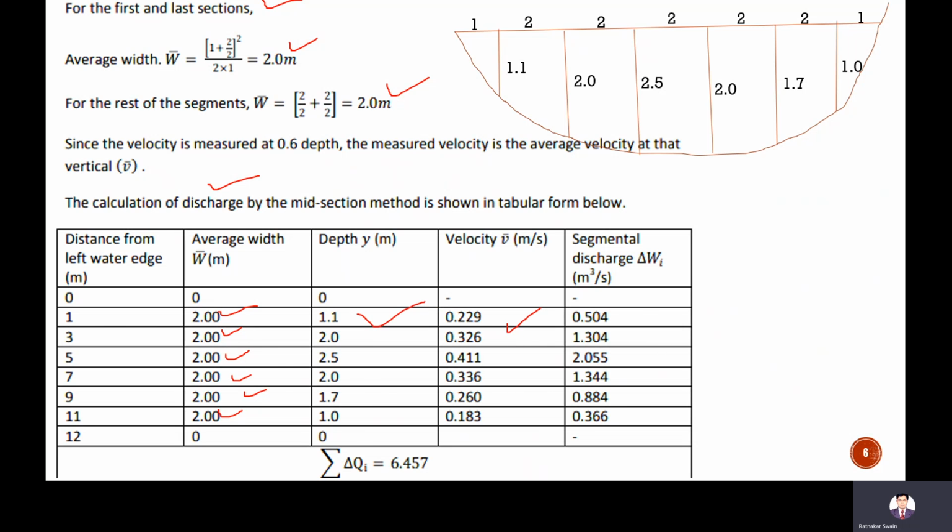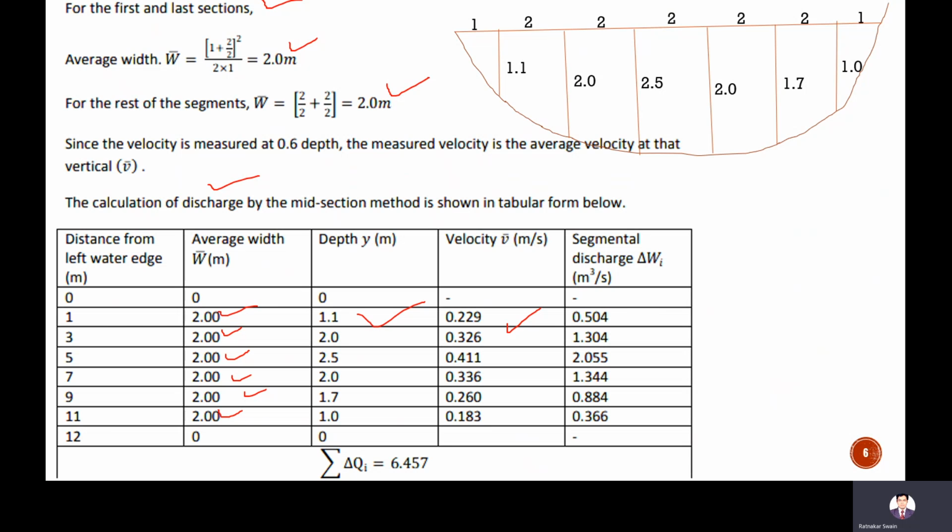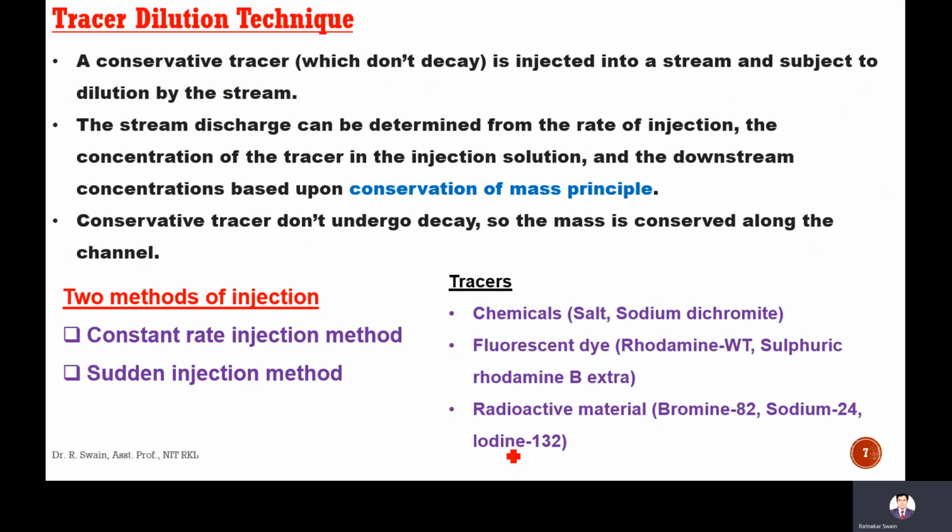NS we have calculated, as I told, as this row divided by this row. Then multiply average width into depth into velocity. It will give you the discharge of each segment. Total discharge will be the sum of all the discharges, which is 6.457 meter cube per second.